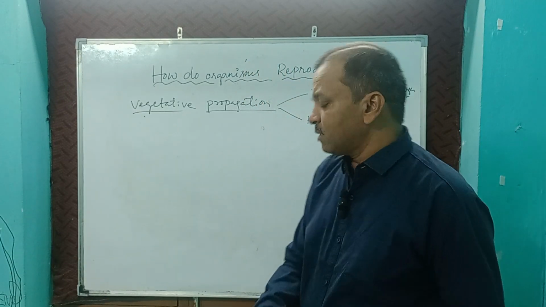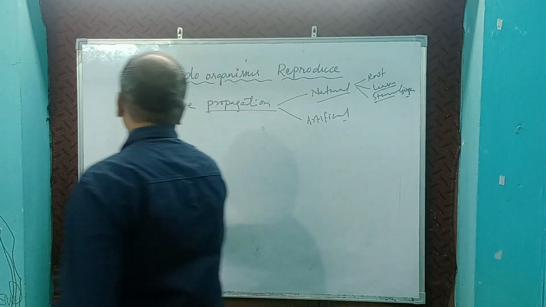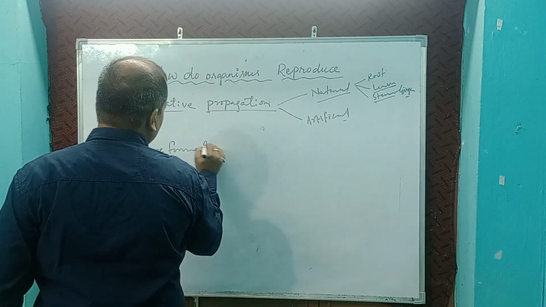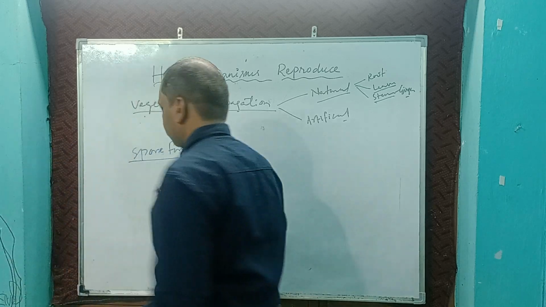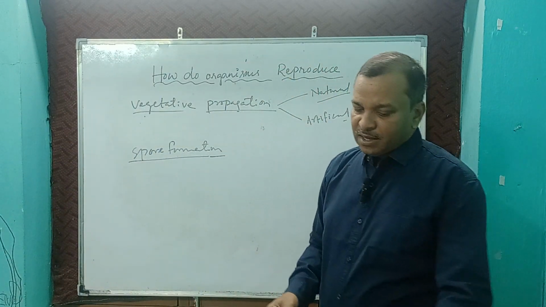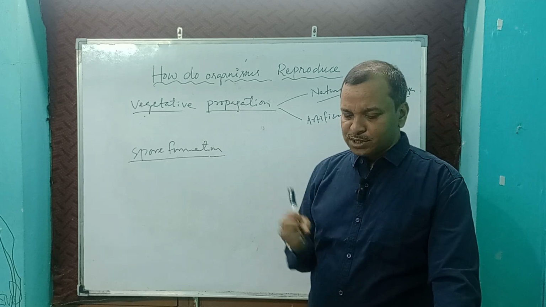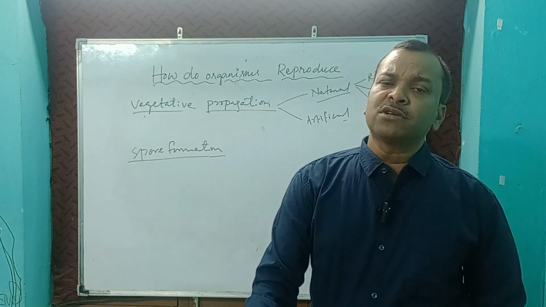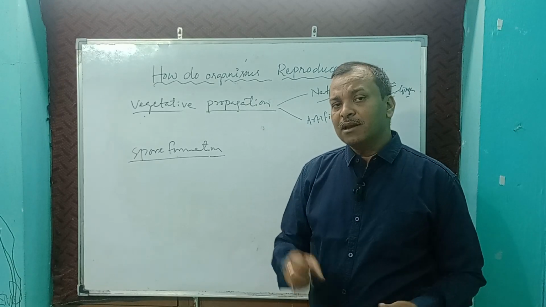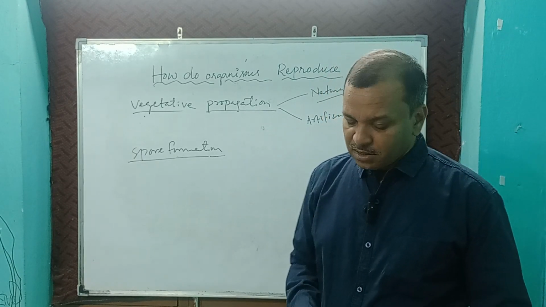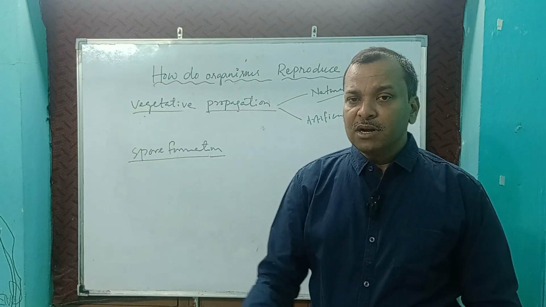Next, the last one is spore formation. Here the parent plant produces thousands of spores. They are very small, microscopic units called spores.